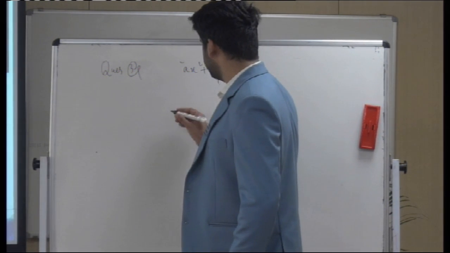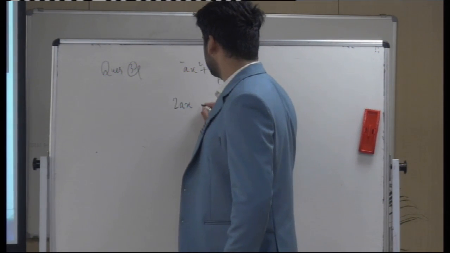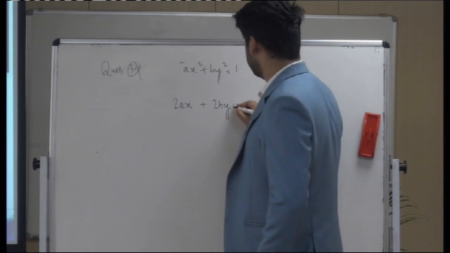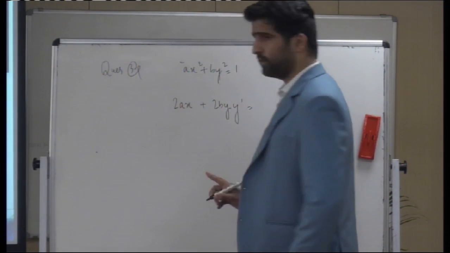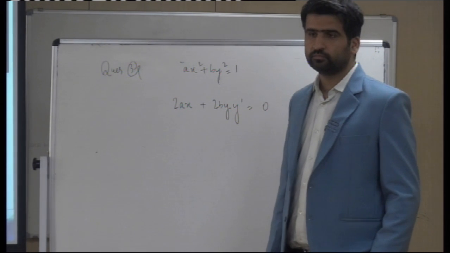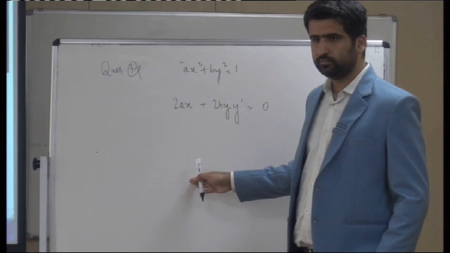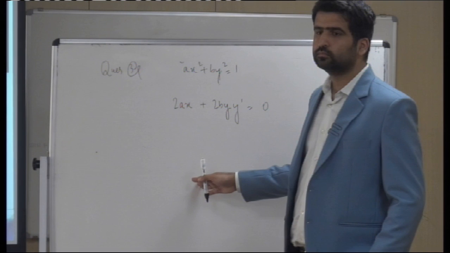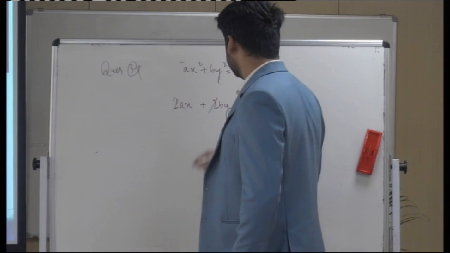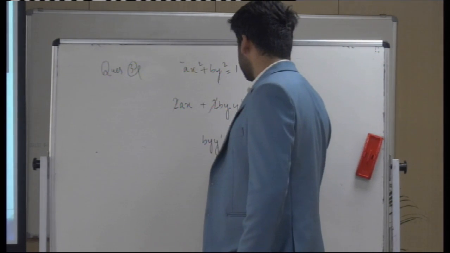So differentiating the first time, we get 2ax plus 2by y dash. Differentiation of 1 is 0, right? So what did you do after this? Directly differentiation like this? No? Then? Okay, good. So this 2 and 2 cancel out.